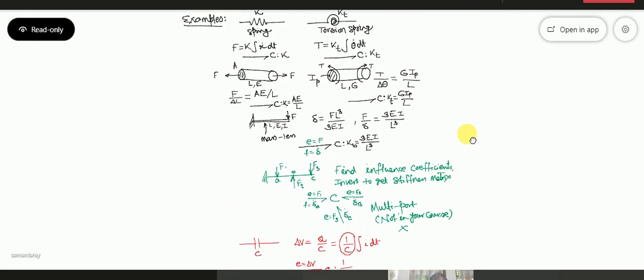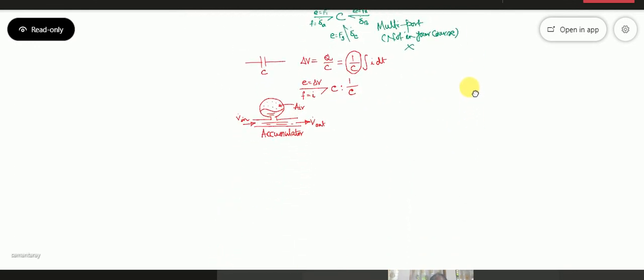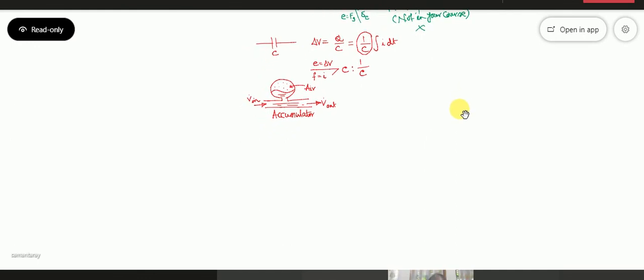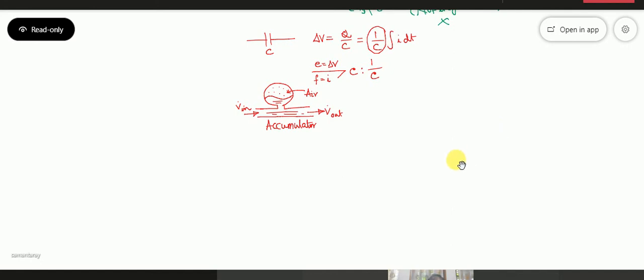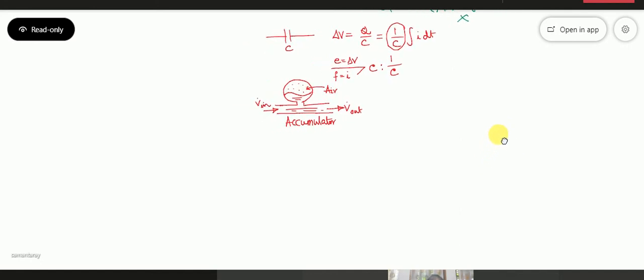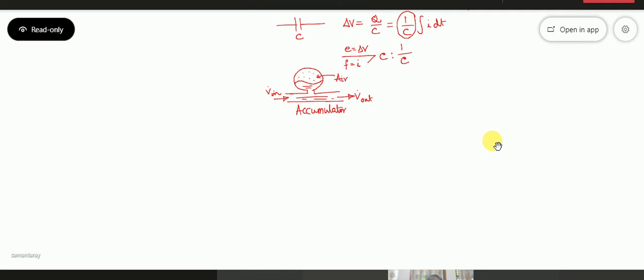So if this is air, then we can say this volume flow rate is V dot. So V dot air equal to V dot in minus V dot out. This is the amount of fluid inlet, and original volume, total volume was V. We take from that this part minus.